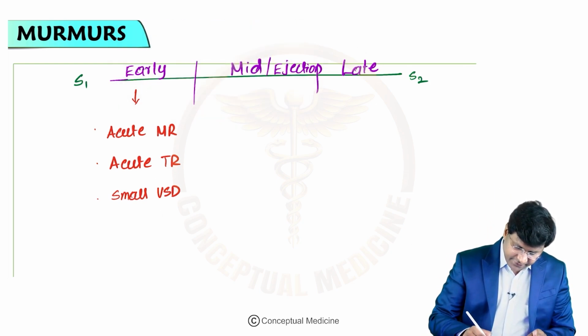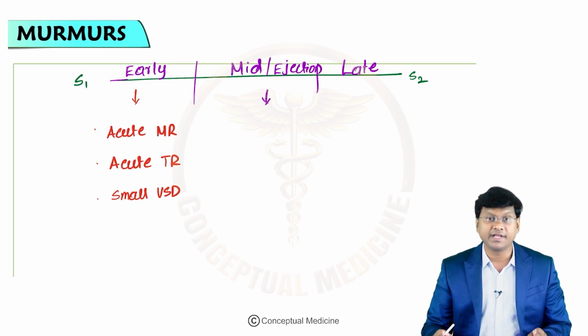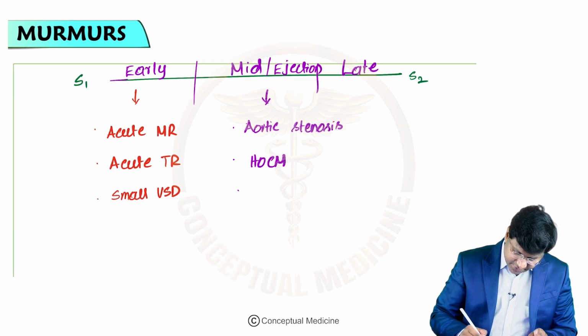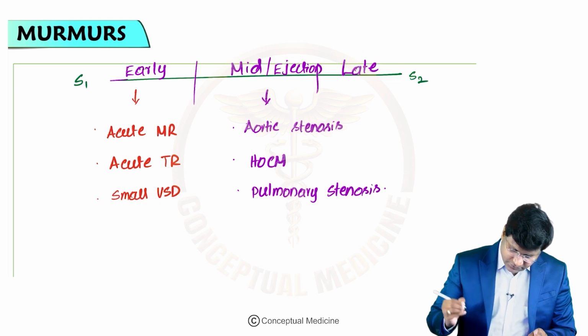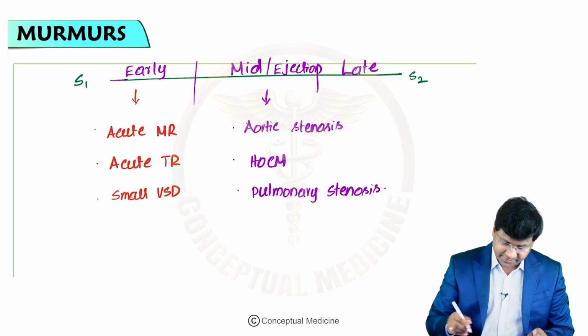And the mid or ejection systolic murmur is heard in patients with aortic stenosis, then in patients with hypertrophic obstructive cardiomyopathy, then in patients with pulmonary stenosis. Right, so these are the conditions where you have mid or ejection systolic murmur.